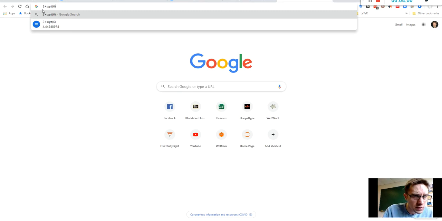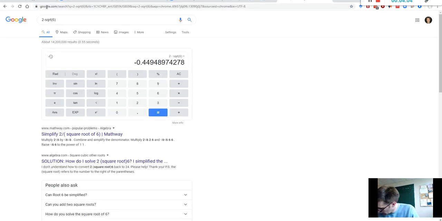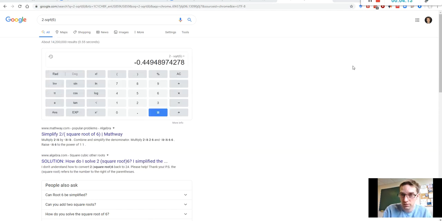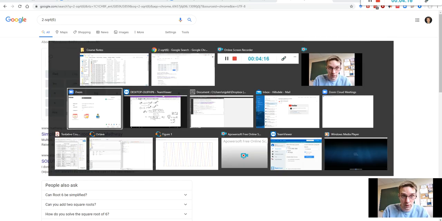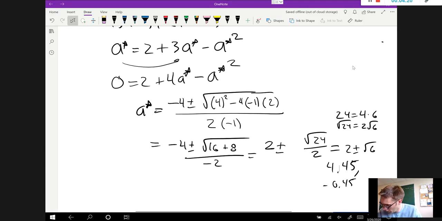And if we do minus the square root of 6, we'll have around minus 0.45. Okay, so those are our fixed points.